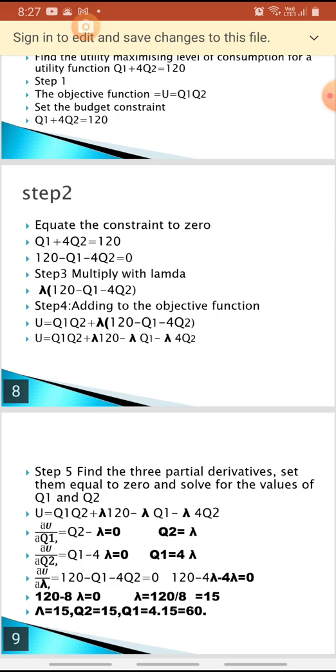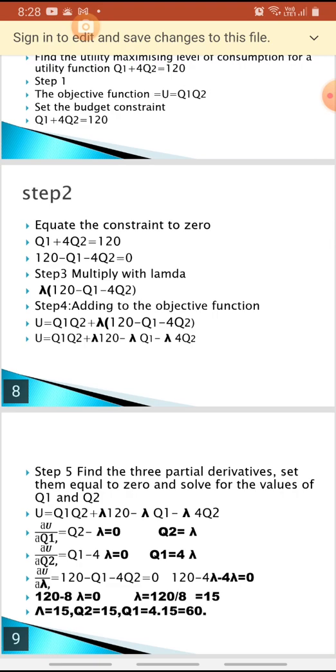Then second one, dou U by dou Q2. That is, we are finding the differentiation of U with respect to Q2. That is Q1 minus 4 lambda is equal to 0. So Q1 is equal to 4 lambda. Then find the differentiation of U with respect to lambda.